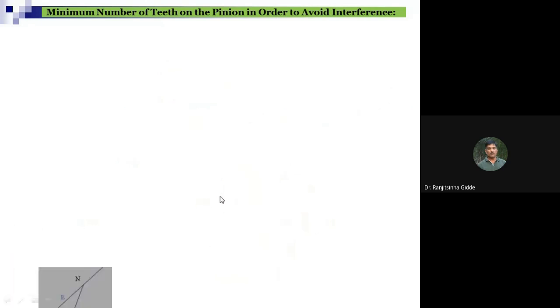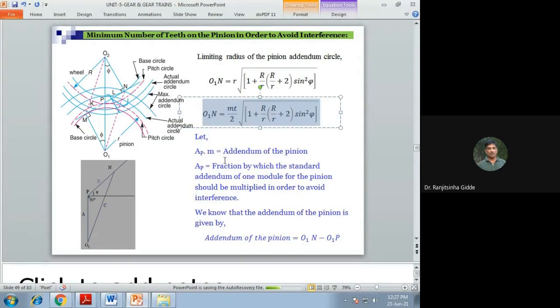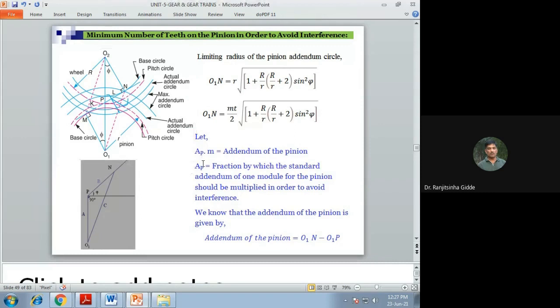So next, what we are going to write: let APM is equal to the addendum of the pinion. So already I have shown you this is equal to a fraction and M. It may be 1 or it may be 1.2 depending upon the design.